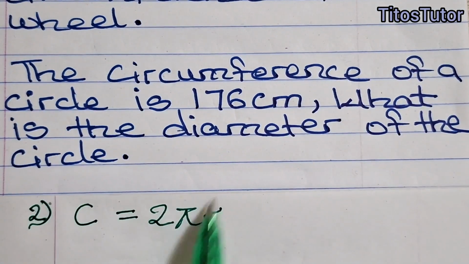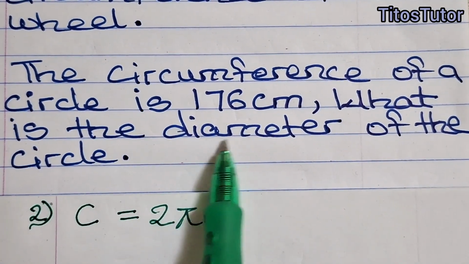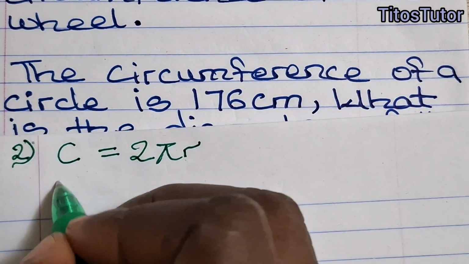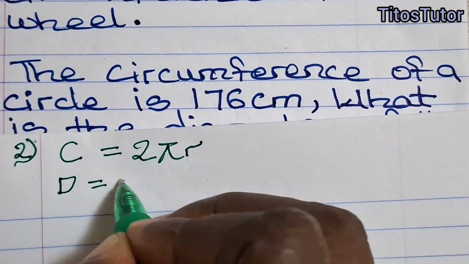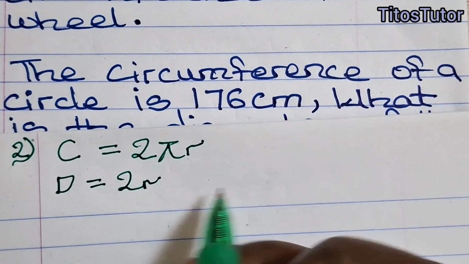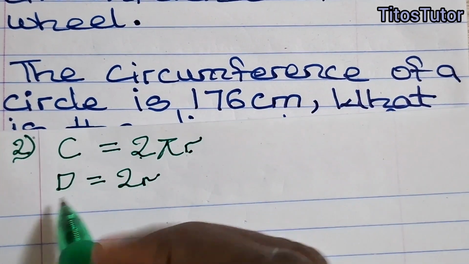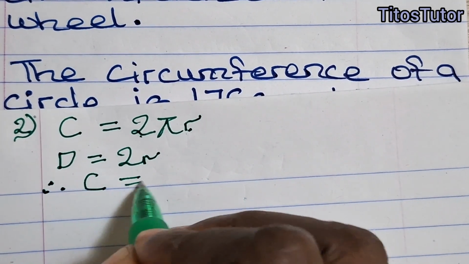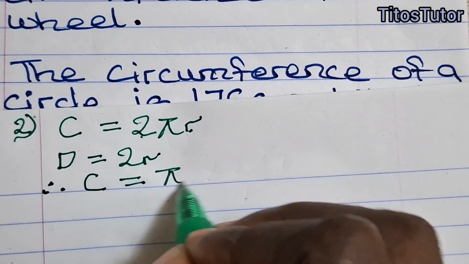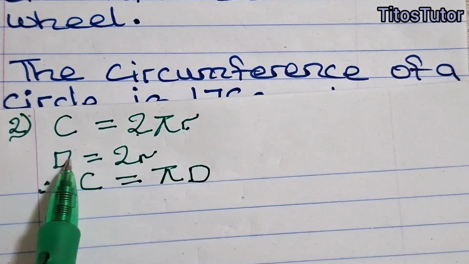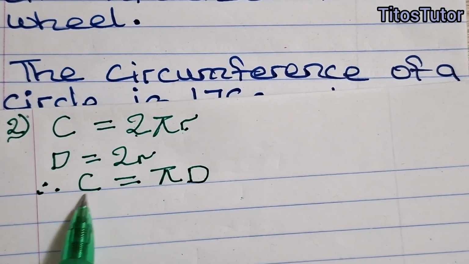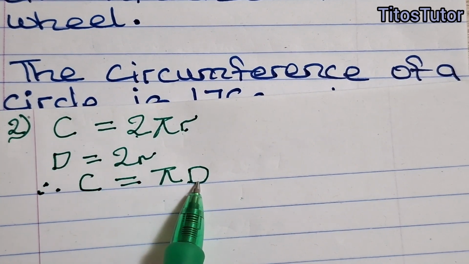So it's radius, but we were asked to find diameter. I want you to remember that diameter is 2 times radius. Therefore, circumference can actually be pi d, because diameter is 2r. Pi times 2r is the same as pi times diameter.